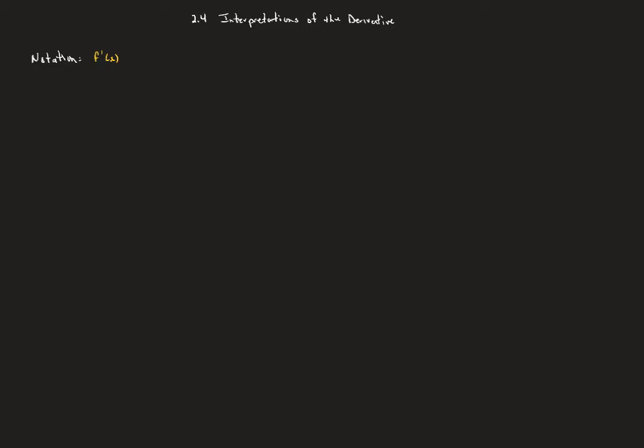But another one that you'll see a great deal is this dy dx notation. This is referred to as Leibniz notation because he was the one that came up with that. And what he was trying to suggest with his notation, and he was very thoughtful in his notation, is that it's the limit as delta x goes to 0 of delta y over delta x.